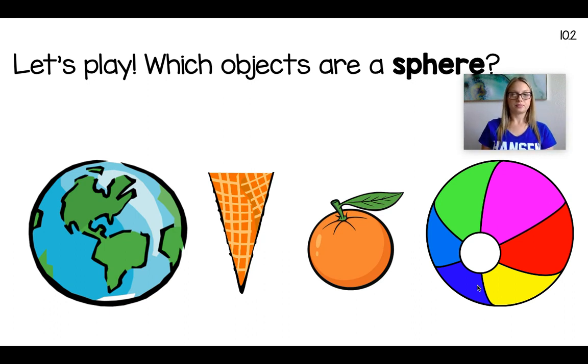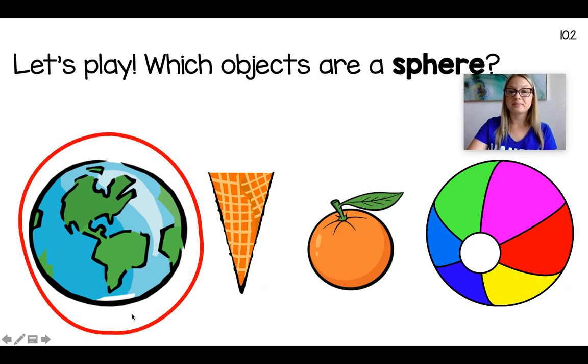Okay. Did you find them? Let's look at the first one. An earth. Is an earth a sphere? Yes. Very good. Which is the next one? Which is the next sphere? Is it a cone? No, because a cone is flat. It's not curved. It doesn't have any round sides like a ball.